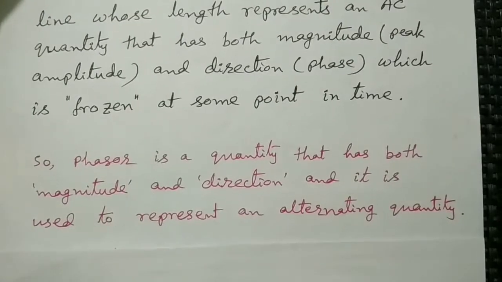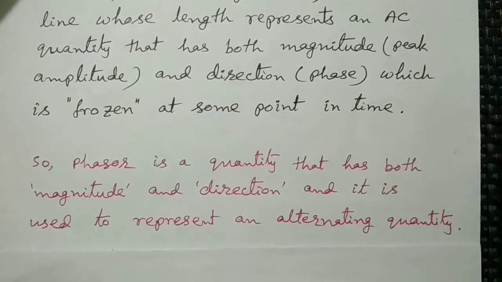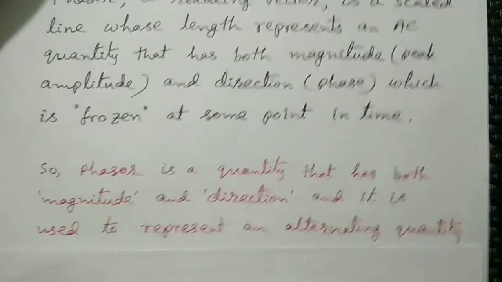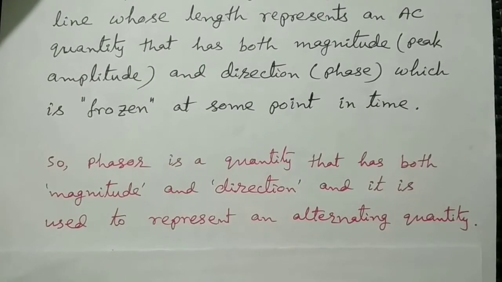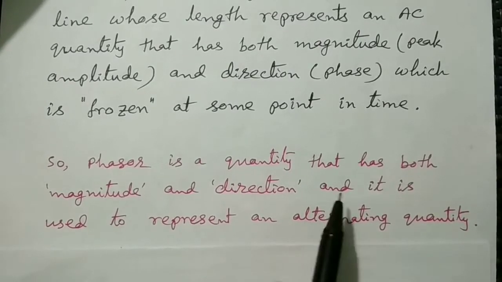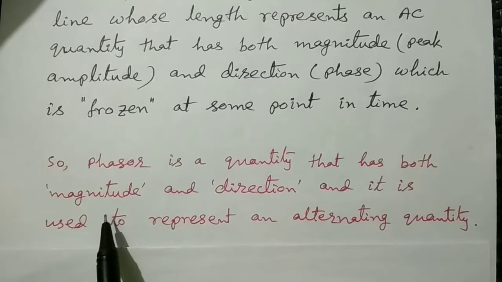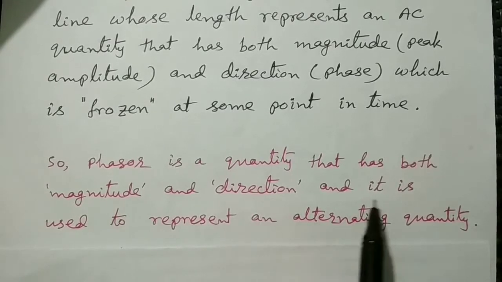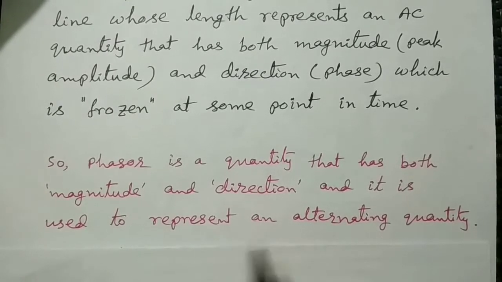Therefore, the phasor is a quantity that has both magnitude and direction, and it is used to represent an alternating quantity. This is a very important statement. Phasor is a quantity that has both magnitude and direction, and it is used to represent an alternating quantity, that means alternating voltage or alternating current.